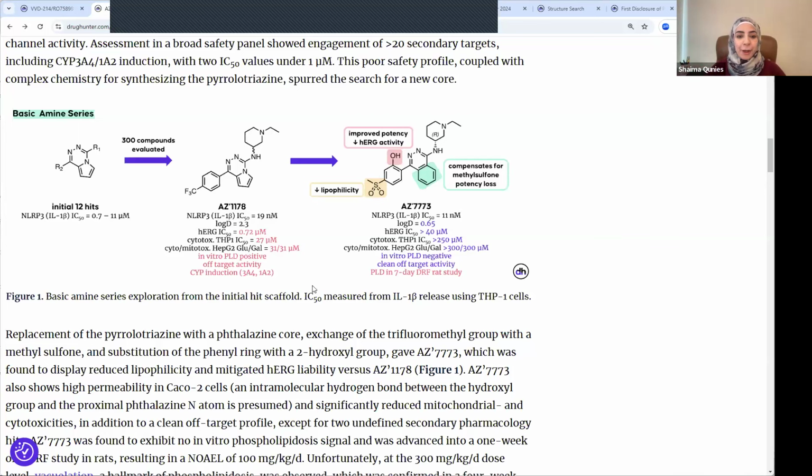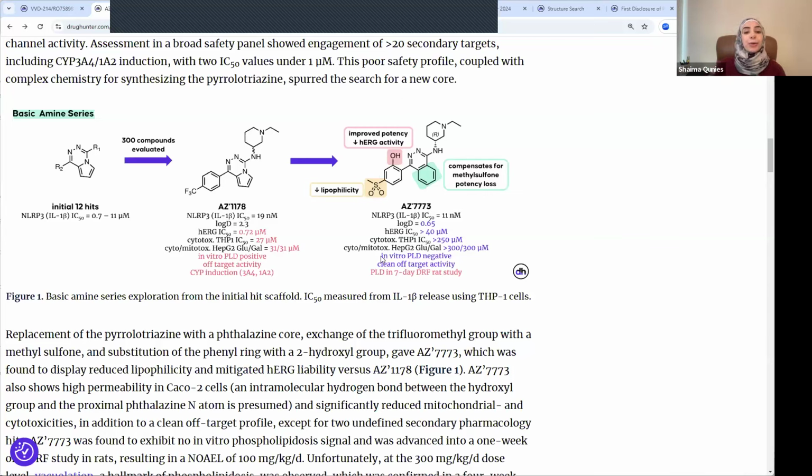Here we see that they have changed the pyrrolotriazine core into a phthalazine core. They have installed a hydroxyl group, and they have swapped the trifluoromethyl for a methyl sulfone. So they were able to improve many parameters: the potency, the in vitro safety, the hERG liability, and the molecule tested negative for in vitro phospholipidosis.